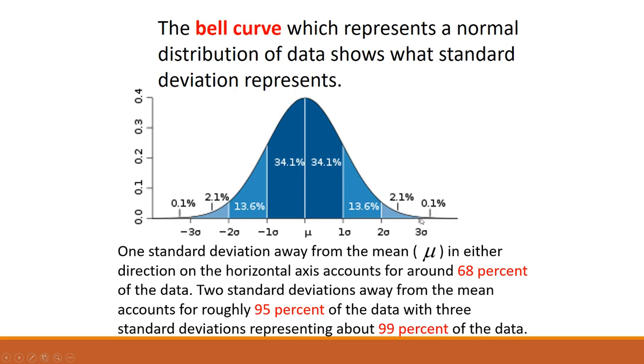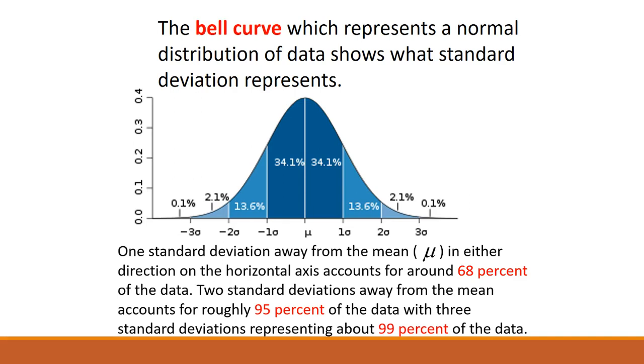That's an important point. 99% of your data values will fall between -3 standard deviations and +3 standard deviations. That means it is extremely unlikely to observe a value that is more than 3 standard deviations above or below your mean. Very, very unlikely.